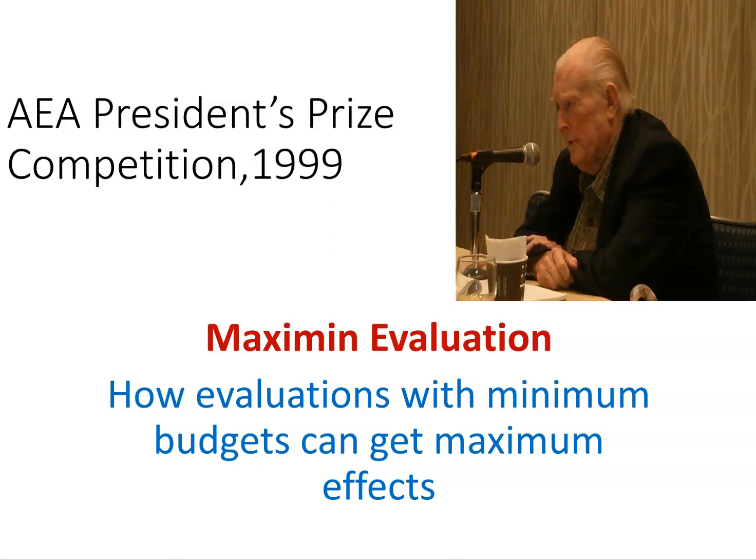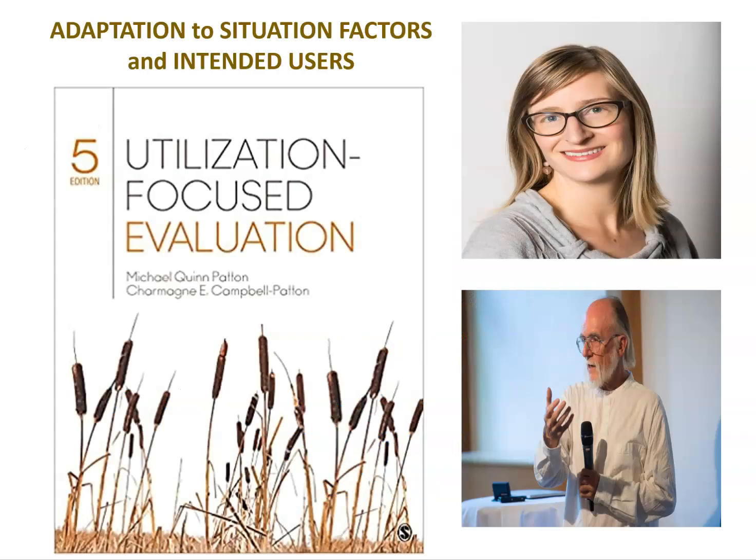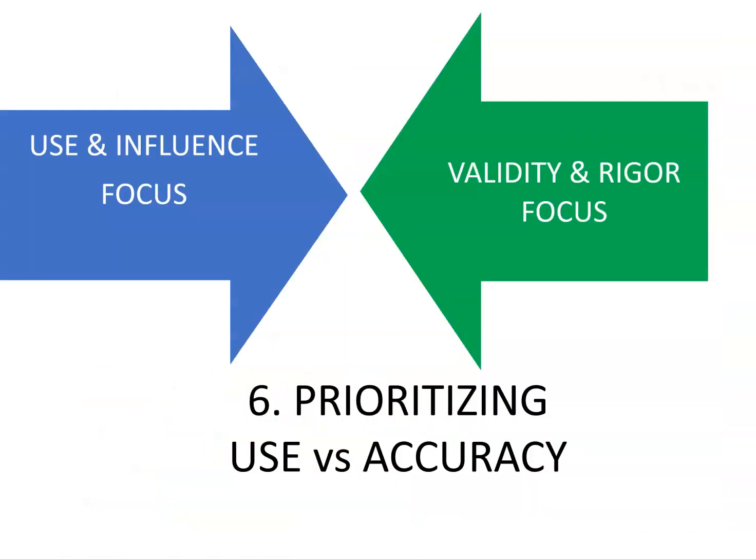These are all approaches about adapting evaluations to real-world diverse conditions rather than a standardized approach that treats all situations similarly and that looks for best practice findings. In the latest edition of utilization-focused evaluation, the new 5th edition, there's a major emphasis on adaptation to situational factors and diverse intended users.